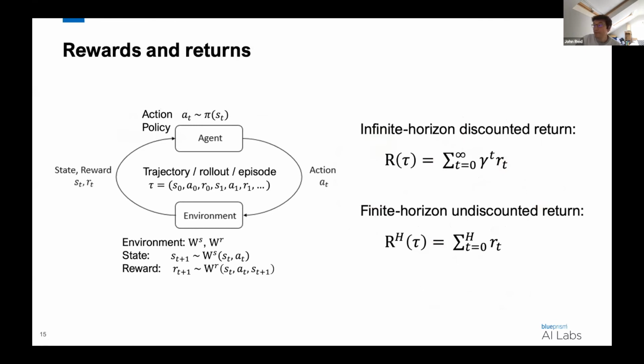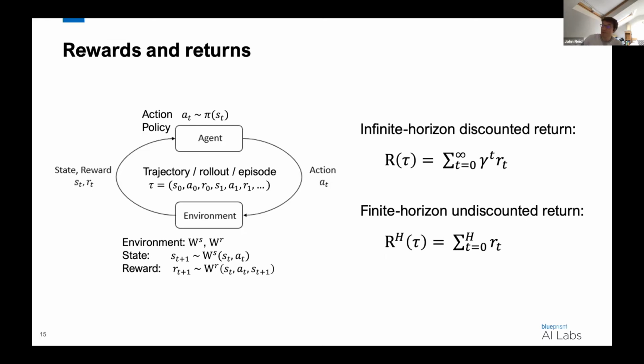Okay, so rewards and returns. For the moment, we've just spoken about rewards localized in time. And we've spoken about this value function, which is how many rewards we expect to get in the long run. That is also defined as a return, right? So the return is a sort of cumulative reward in the long run, and it's defined as a weighted sum over all the rewards you get for a particular episode.